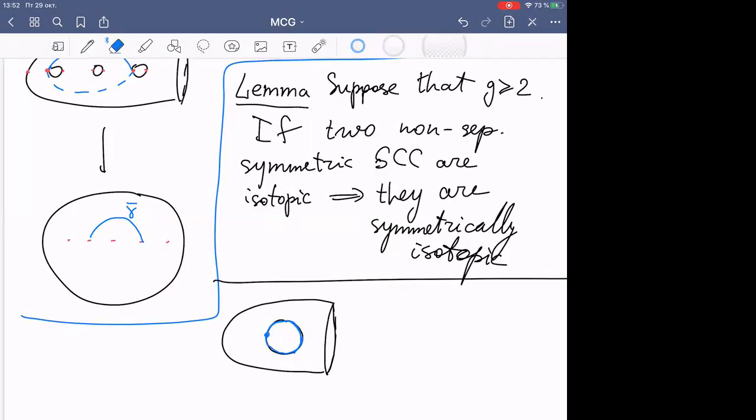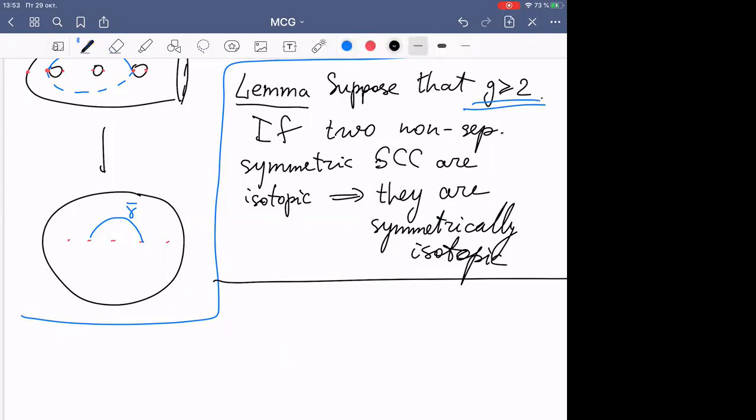This restriction is not important when we consider a surface with boundary, but if we would like to prove that the same is true for closed surfaces, it holds only if g is greater than or equal to 2.